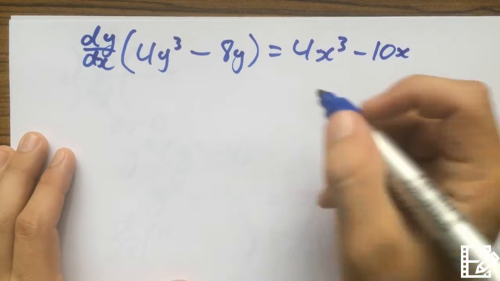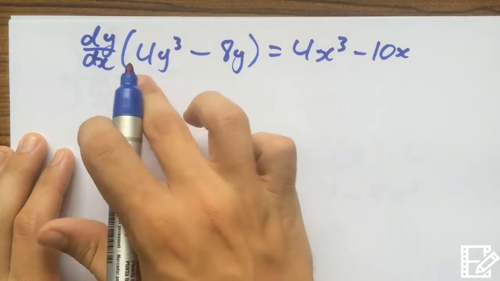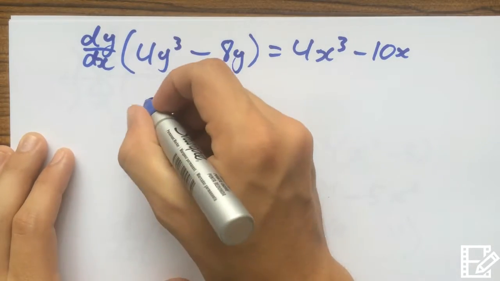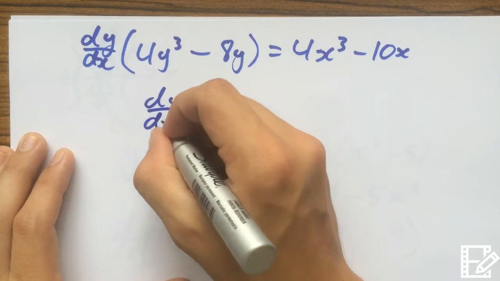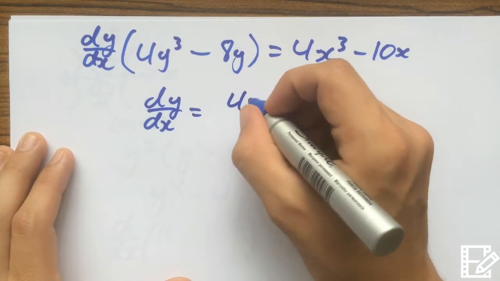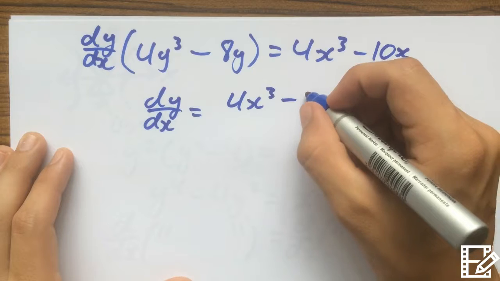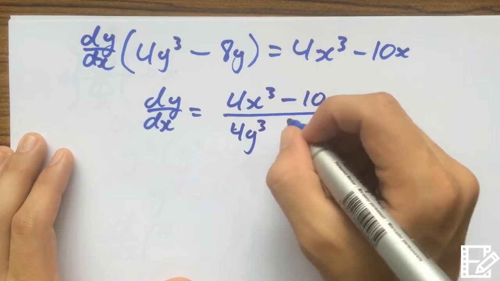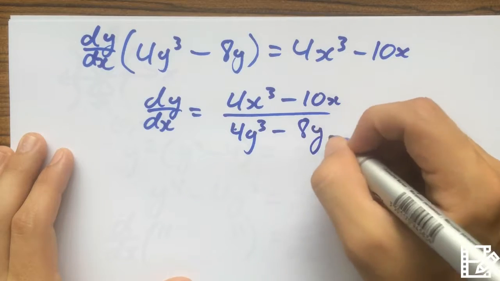Okay, now what we're going to do is divide both sides by 4y cubed take 8y, and that's going to give us dy/dx equals 4x to the power of 3 minus 10x over 4y to the power of 3 minus 8y.